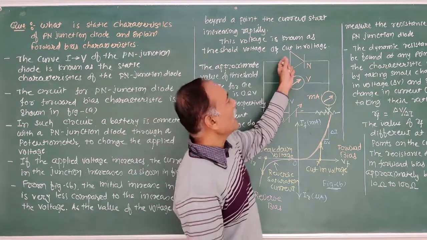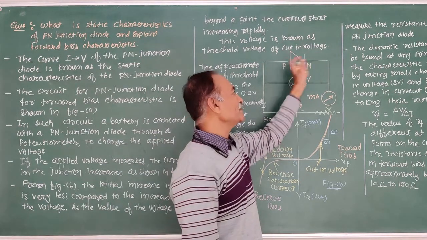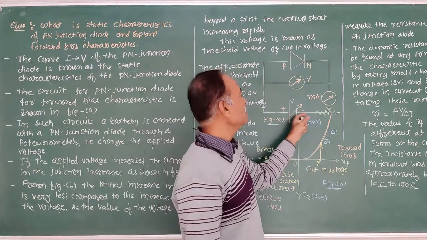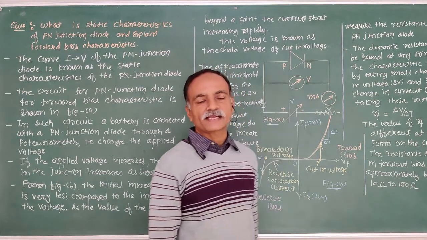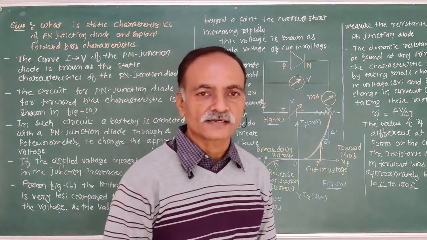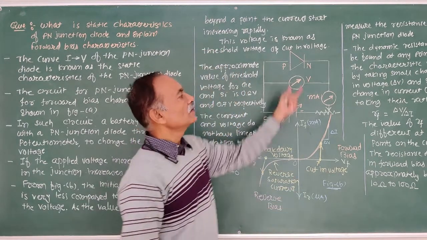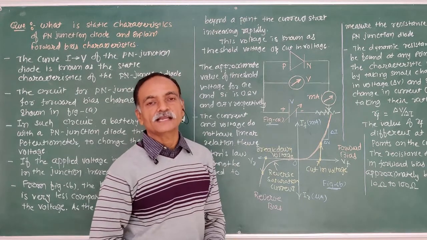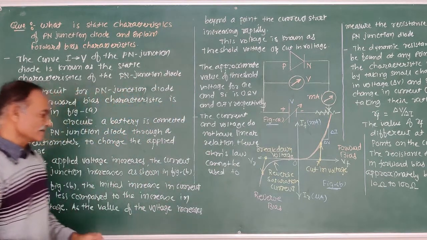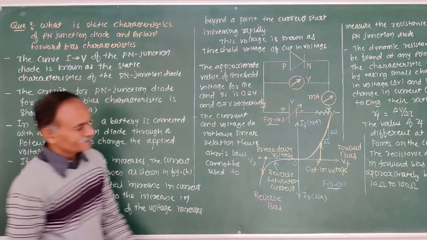And the holes crossing the junction from P to N are also attracted by the negative terminal connected at the N side of the PN junction. Therefore, as the voltage increases, the current is also increased in the junction. That is shown in the figure.